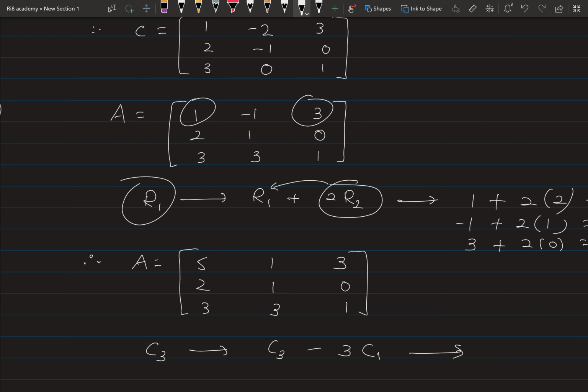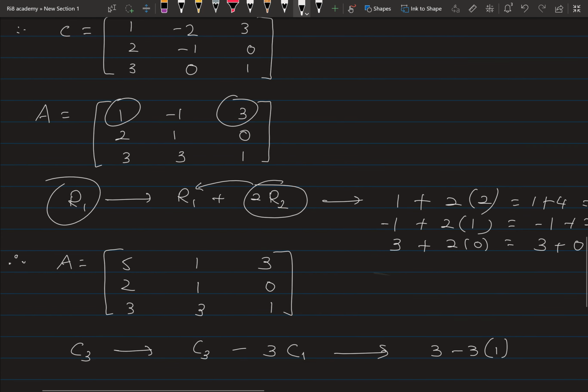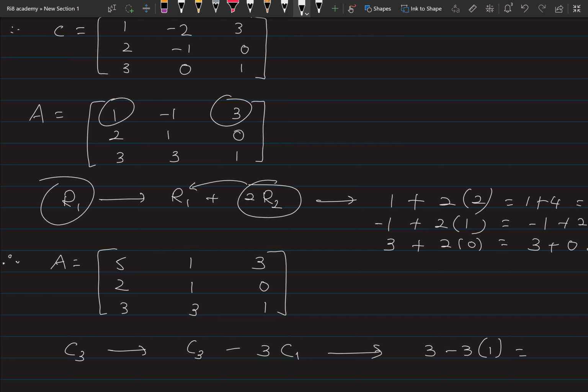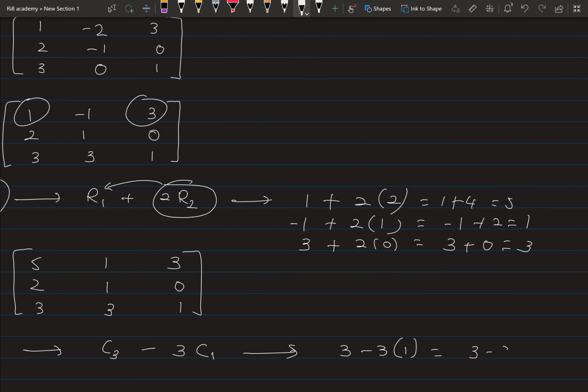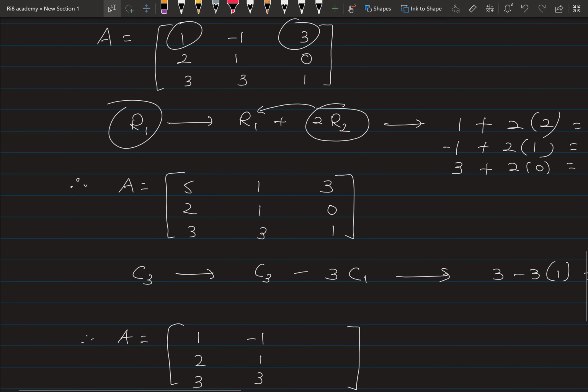So C3 is 3 minus 3 times C1. The first element of C1 is 1. If you simplify, we get 3 minus 3 equal to 0. So my first element will be 0.